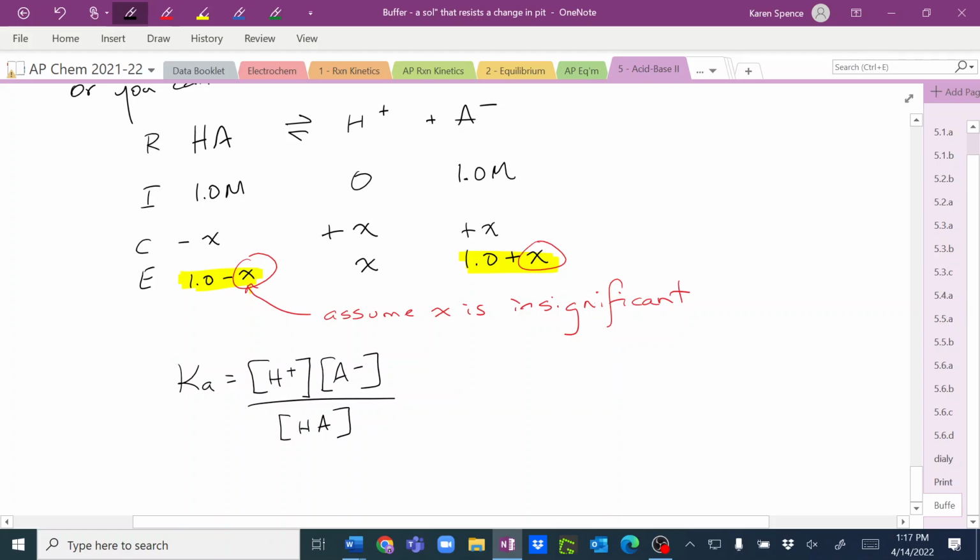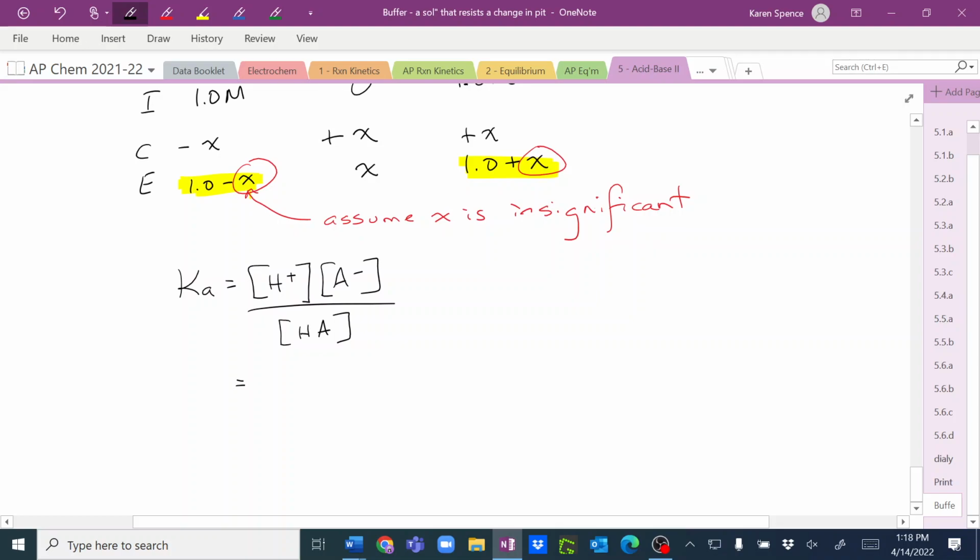Yes? And now if that's 1 over 1, in fact, I'm just going to leave it. So you've now got Ka is equal to H plus. If that's a 1, and if that's a 1, then you've got Ka is equal to H plus.